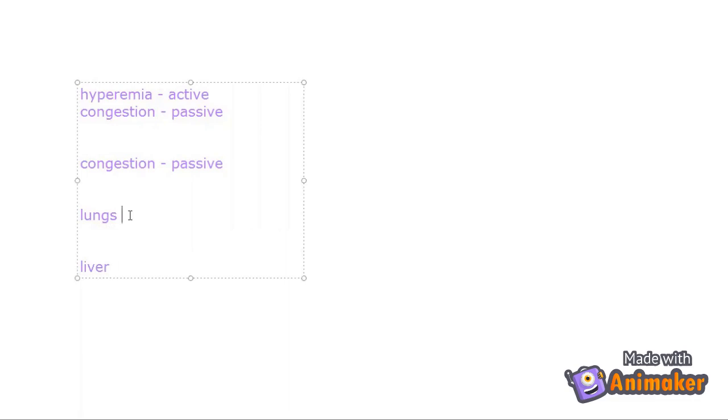There can be acute cases when the time duration is shorter, and there can be chronic cases when the time duration is longer, in both the cases. So we'll take it one by one. First, we're discussing the case with the lungs.